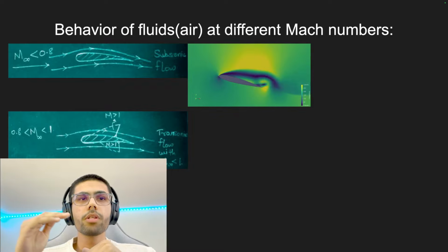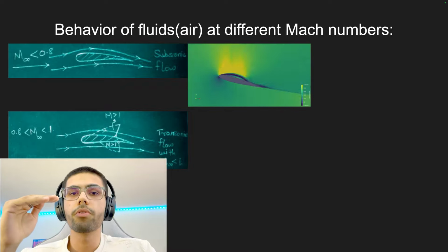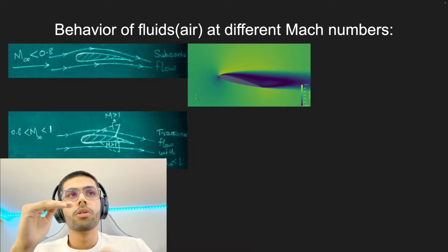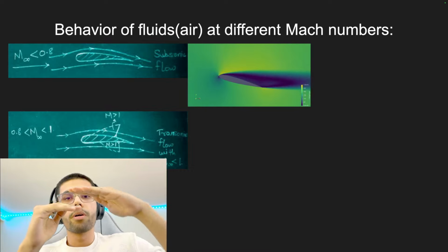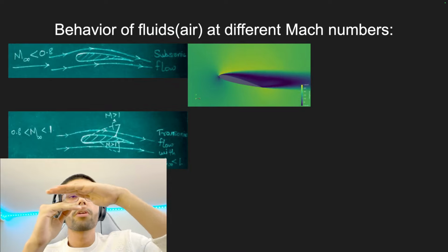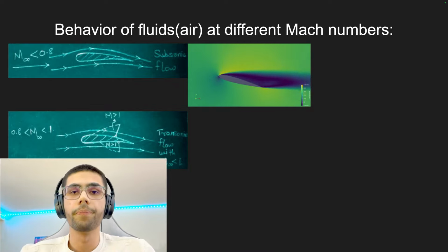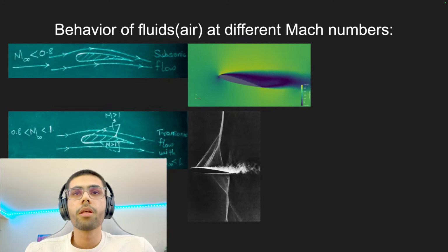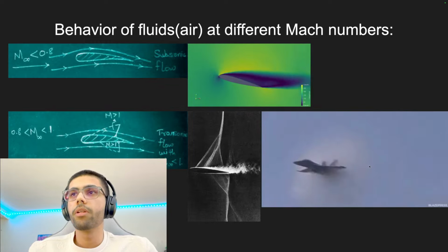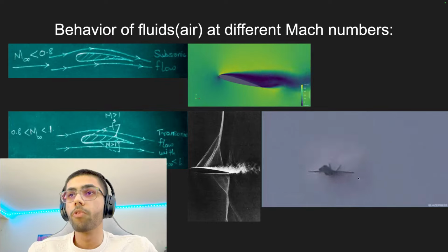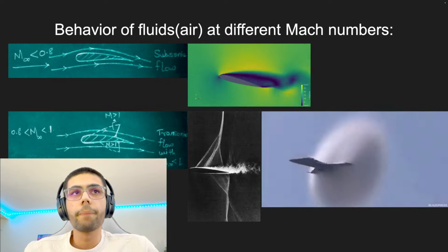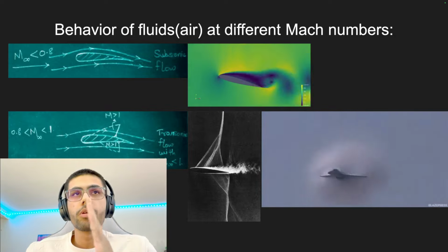So even if your aircraft is traveling at, let's say, Mach 0.9, it could be possible that the air above that airfoil could be traveling at speeds greater than Mach 1. And we can see this phenomenon if you test this in a wind tunnel, or even when you see the vapor cloud around jets when they go from subsonic to transonic.